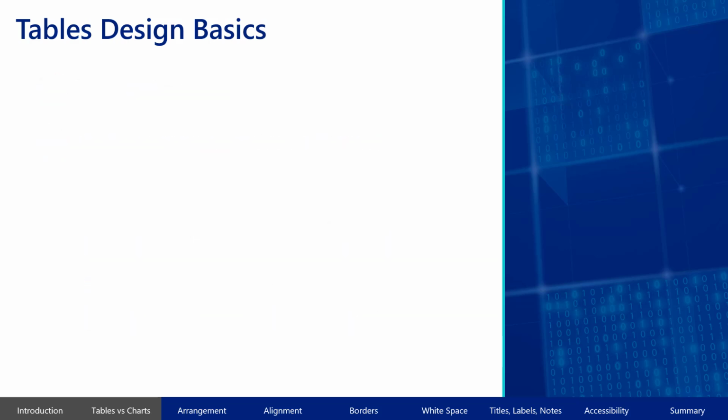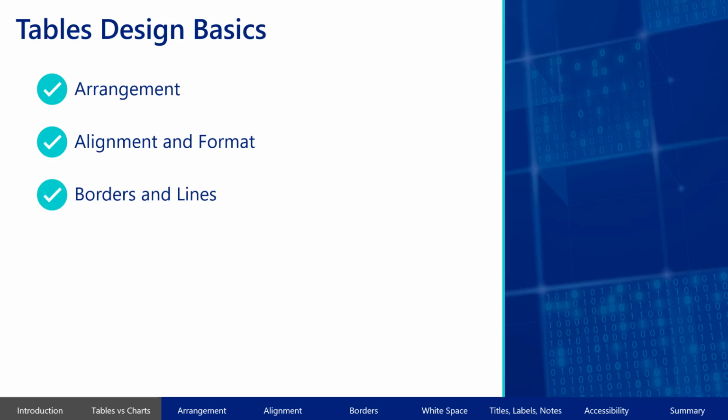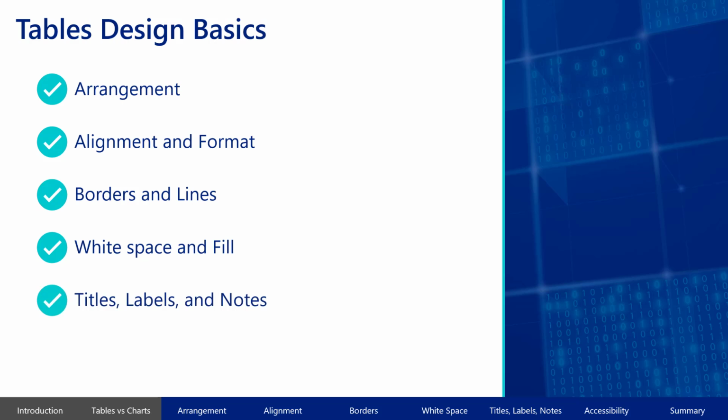For the rest of this course, we will talk about ways to arrange your data within the table. The use of appropriate alignment and formats. The best use of borders and lines. The benefits of white space and fill. Formatting titles, labels, and notes. And things to consider to enhance readability and accessibility.